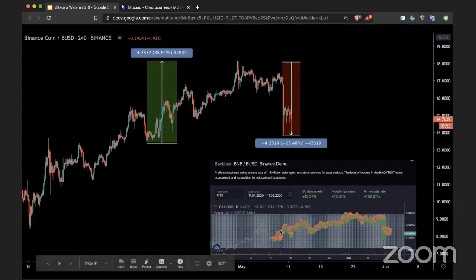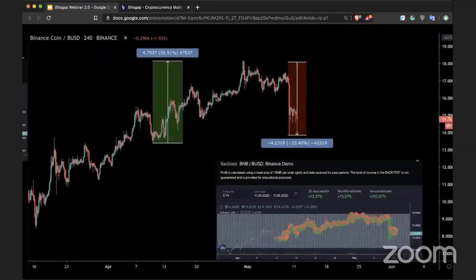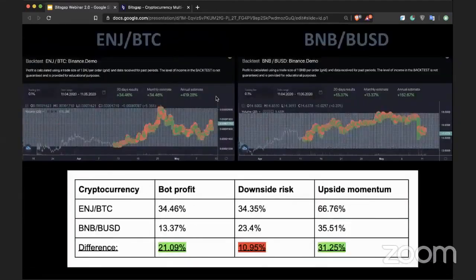And that's exactly the representation of all of the trades that would have occurred during this period of time. So yeah, you can use backtesting to generate trade ideas. So now to sum up, we have NG to BTC, and it has generated 34%, and BNB trading to BUSD, it has generated 13%.